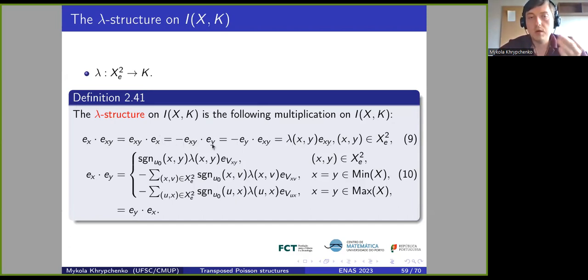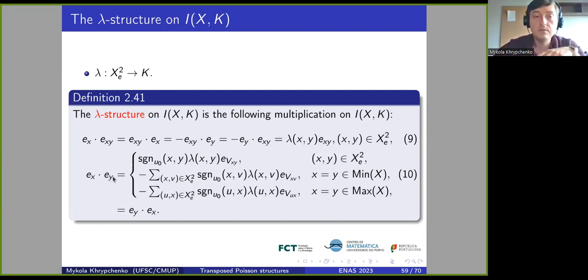And exy ey is minus this product. And if I have two diagonal basis elements where the pair xy is extreme, then the product will be the following diagonal element, which involves the lambda and depends on the sign.